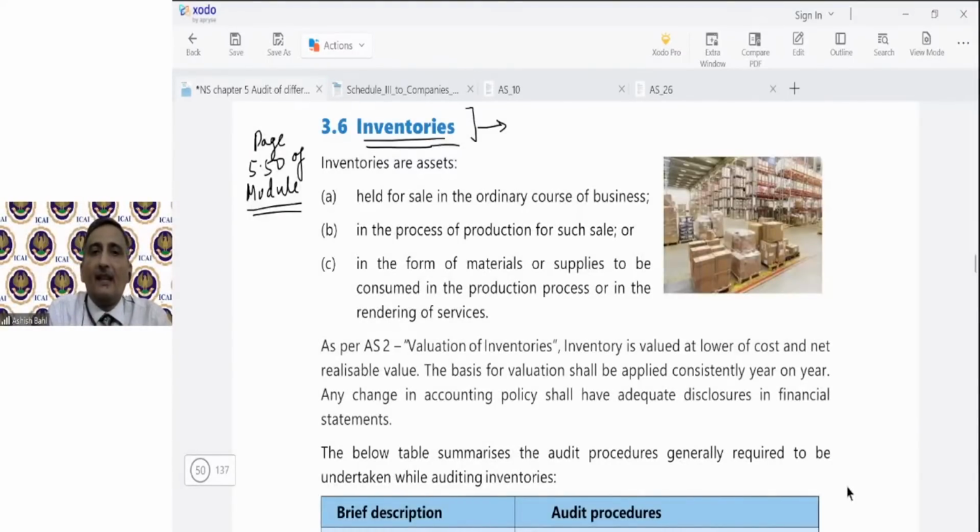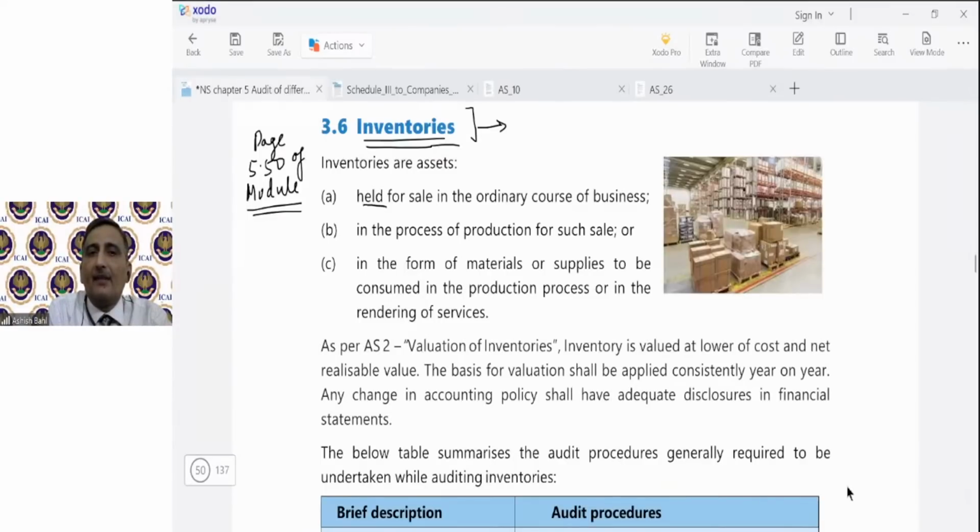So inventories are assets which are held for sale in the ordinary course of business, or these are used in the process of production, or these are in the form of material to be consumed.